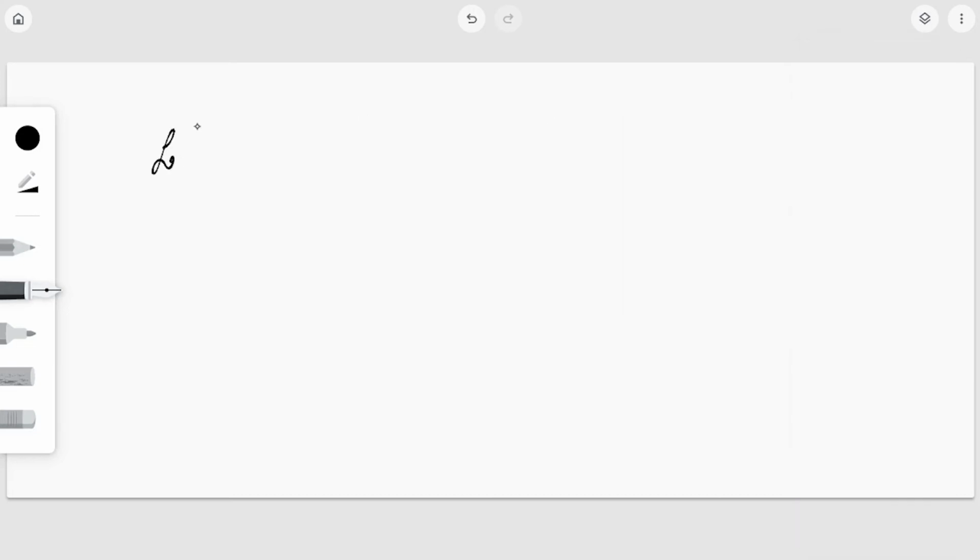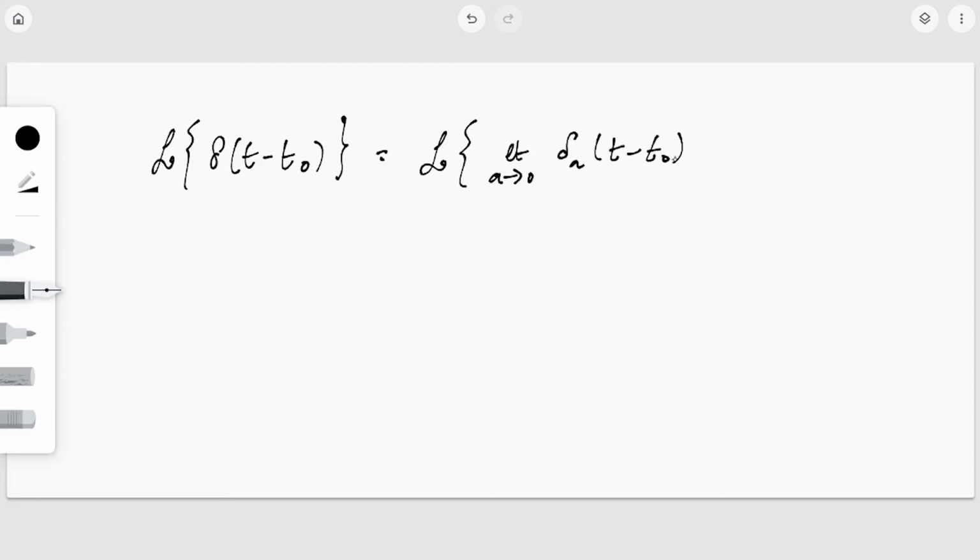Now the Laplace transform of delta of t minus t dot is equal to the Laplace transform of the limit a tends to 0 of delta a, the unit impulse function, right? So this I can write as limit a tends to 0 of the Laplace transform of delta a of t minus t dot.